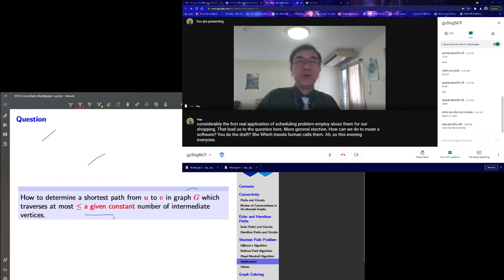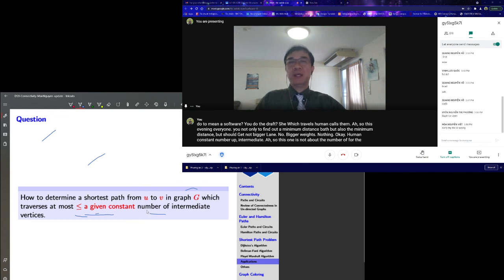You not only need to find a minimum distance path, but also the minimum distance path should not be bigger in length, not bigger in width, not bigger than some constant. Okay. Given a constant number of intermediate vertices. So this one is not about the number for the width, but this is the number of intermediate vertices.